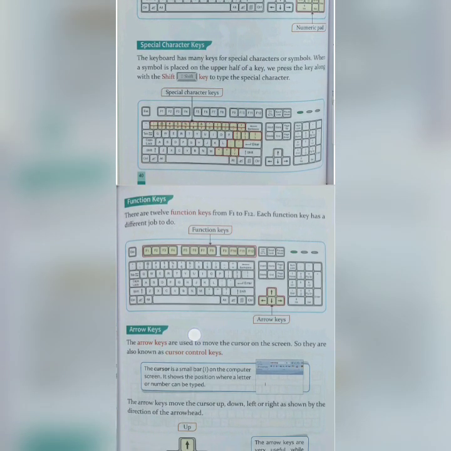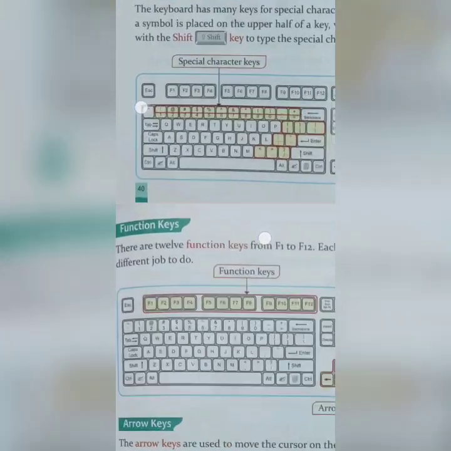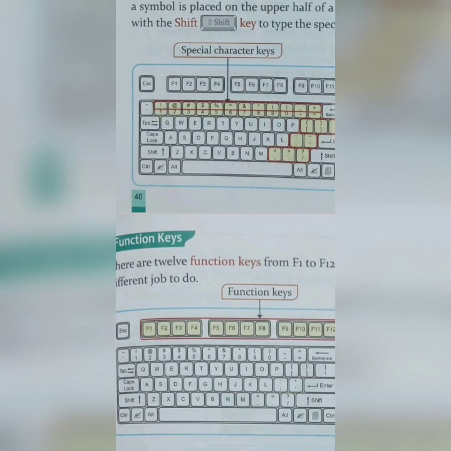Anyway, the next is the special character keys. The keyboard has many keys for special characters or symbols. When a symbol is placed on the upper half of a key, we press the key along with the shift key to type the special character. Suppose I'm zooming it, just above number 1 you will find an exclamation mark, isn't it?